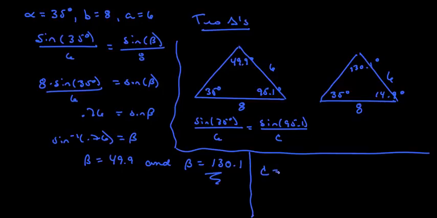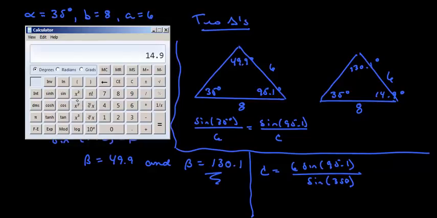This is going to be C is equal to 6 times the sine of 95.1 over the sine of 35. So let's go ahead and do that out and see what we get. So 95.1, I want the sine of that guy, multiplied by 6, divided by 35, the sine of that guy. I'm getting 10.41. Okay, so let's go ahead and we'll write that down, or 10.42, I guess, roughly.